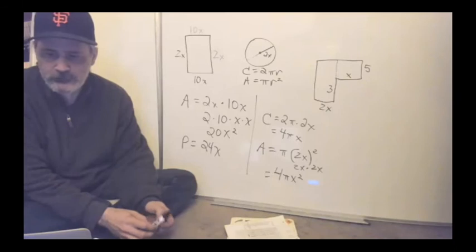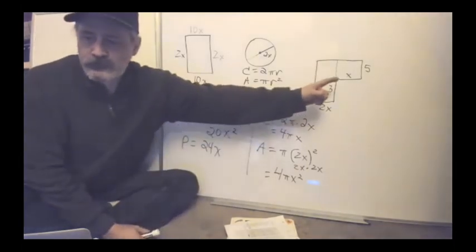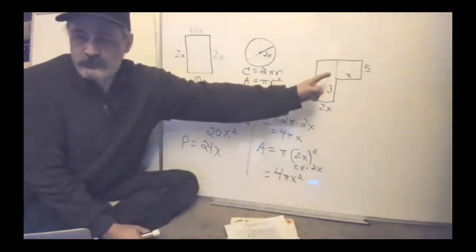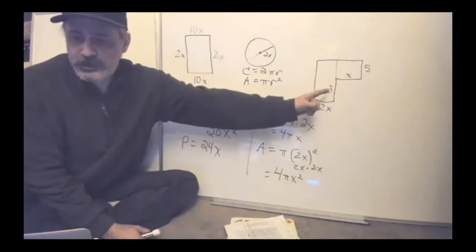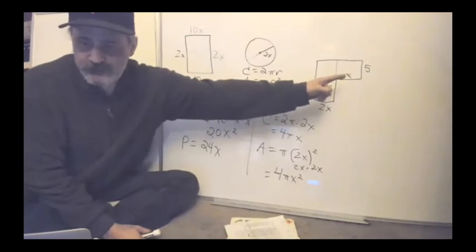Now the next problem, we're going to have to decide how to break the composite shape into 2 rectangles. Now I'm saying rectangles, not squares, because we can't assume these two four-sided shapes are squares. We can't. That x may not be 5.